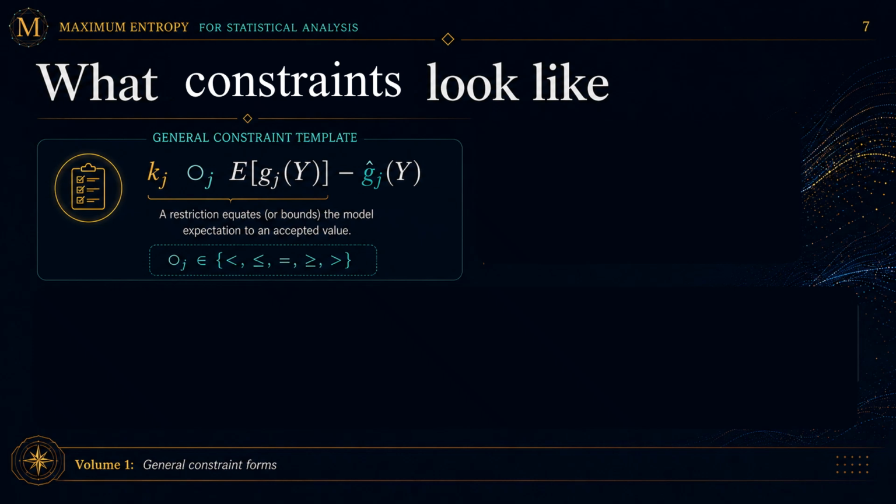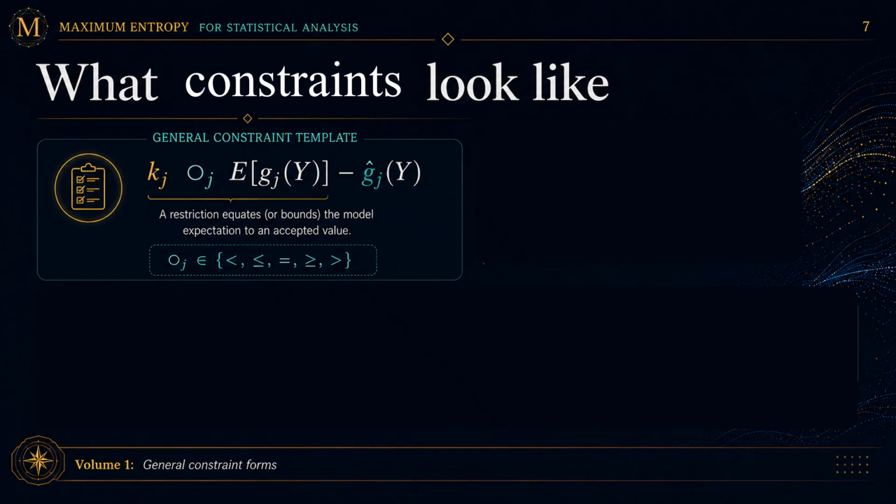Okay. So what do constraints look like? Well, this isn't much better as far as clearing up our understanding because this is a very weird looking expression, but you'll see that it's actually very simple. Constraints are some relationship between some accepted value, some constant usually, that I'm calling here k, and the relation is represented by the circle, where that circle could be equals, greater than, less than, something like that.